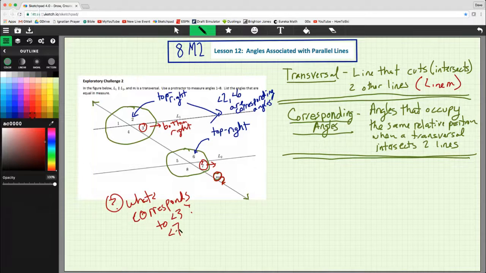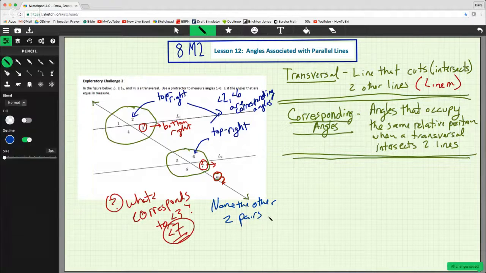So angle 7 is the right answer. Now, can you name the other 2 corresponding pairs of angles? Okay, now let's name the other 2 pairs of corresponding angles.